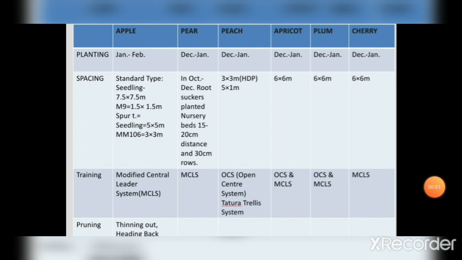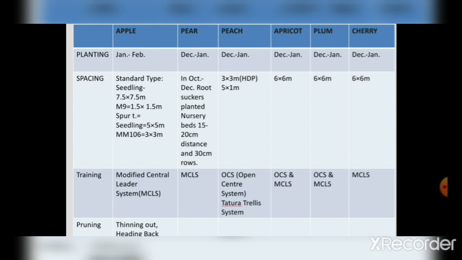So planting of apple is done in Jan-Feb, and pear, peach, apricot, plum and cherry is done in December-Jan. All these are crops that are planted in winter months. Then comes spacing. Standard type of apple, that is seedling, 7.5 into 7.5 meters should be the spacing. For M9 it should be 1.5 into 1.5 meters, that is the clonal rootstock. Then for spur type varieties, seedling is 5 into 5 meters, and for Malling-Merton 106, 3 into 3 meters.